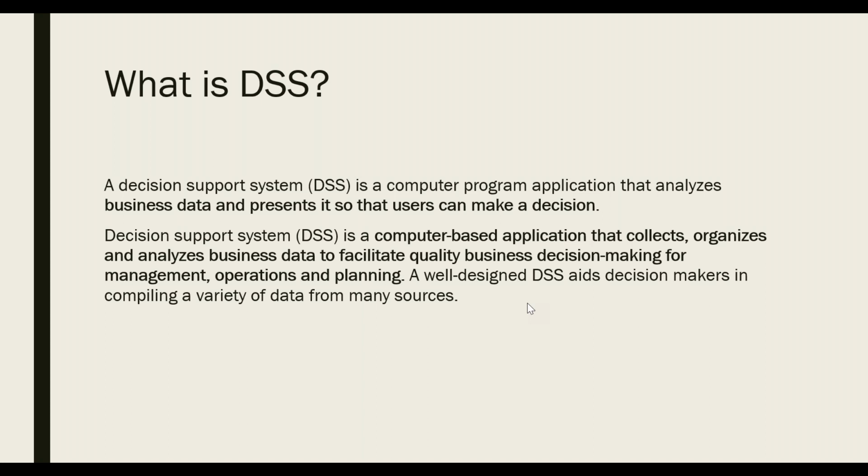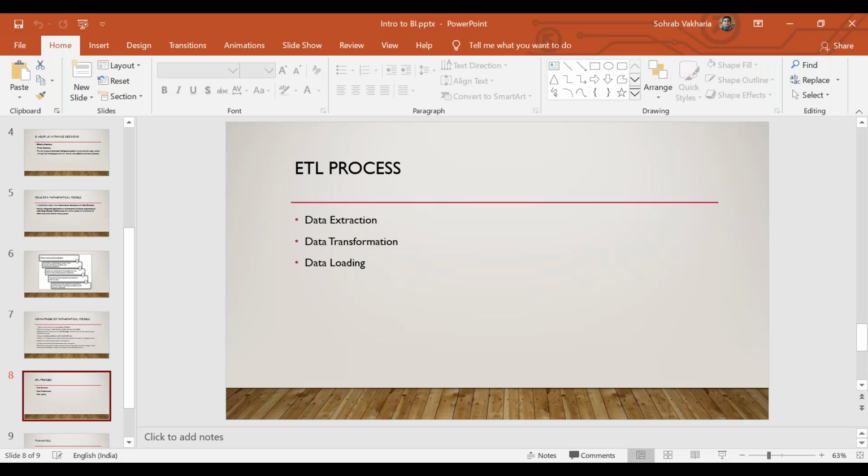A decision support system is a computer-based application that collects, organizes, and analyzes business data to facilitate quality business decision making for management, operations, and planning. A well-designed DSS aids decision makers in compiling a variety of data from many different sources. And there is no guarantee of the sources here. Different sources, yes, but I am not guaranteeing the sources.